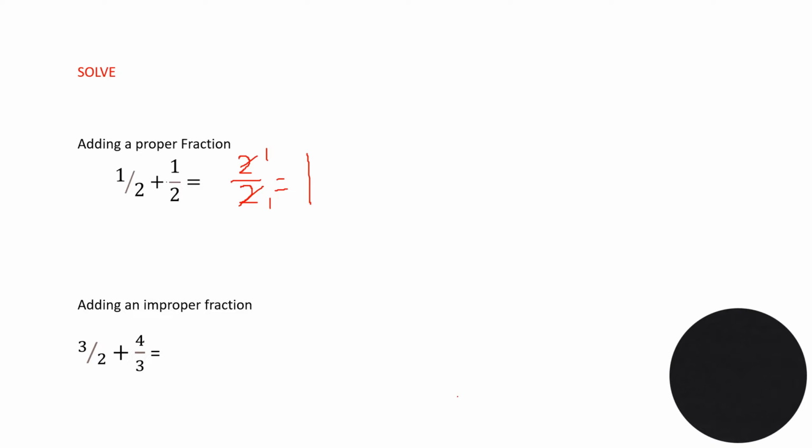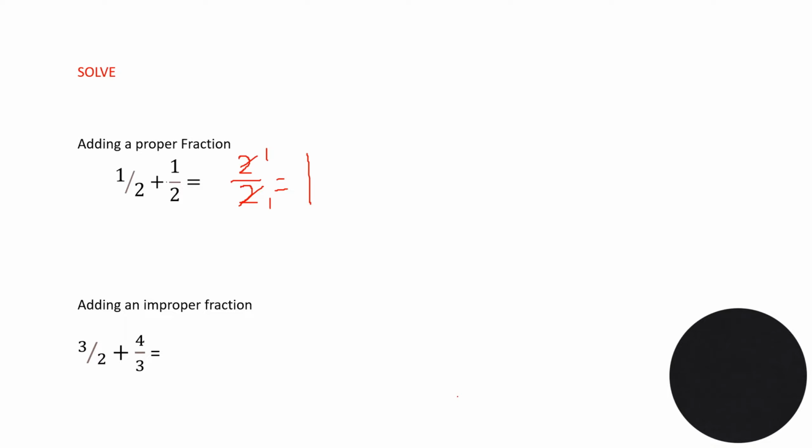Okay guys, let us continue with adding an improper fraction. So now you can see that the improper fraction has the numerator as the bigger number and the denominator as the smaller number. So here is 3/2 plus 4/3. So we're going to try to solve this fraction.